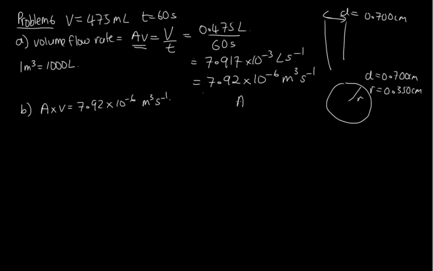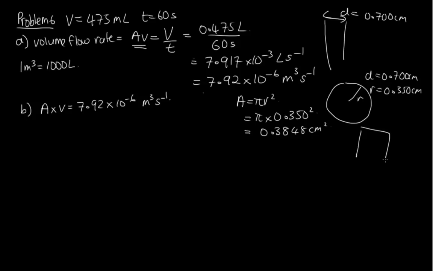So what we can do is substitute this into the area of a circle formula. So the area is equal to pi r squared, so that's equal to pi times 0.350 squared. And solving that on the calculator, we get 0.3848 centimeters squared. But now it's always good to convert everything to SI units so that we don't end up confusing ourselves.